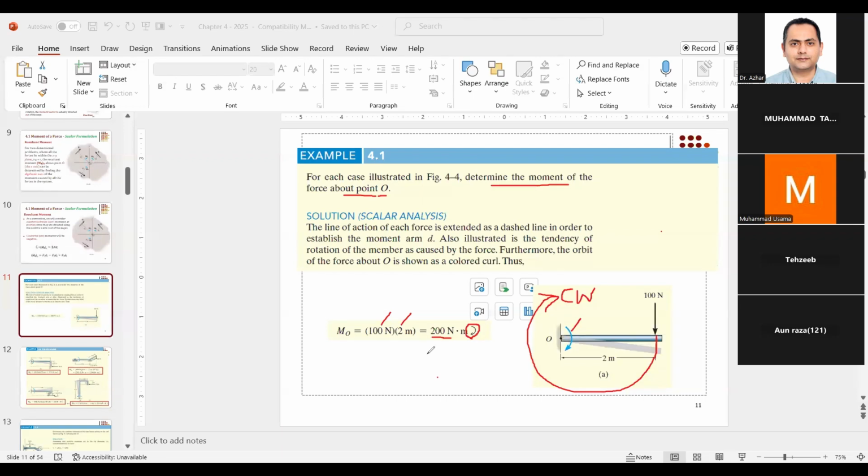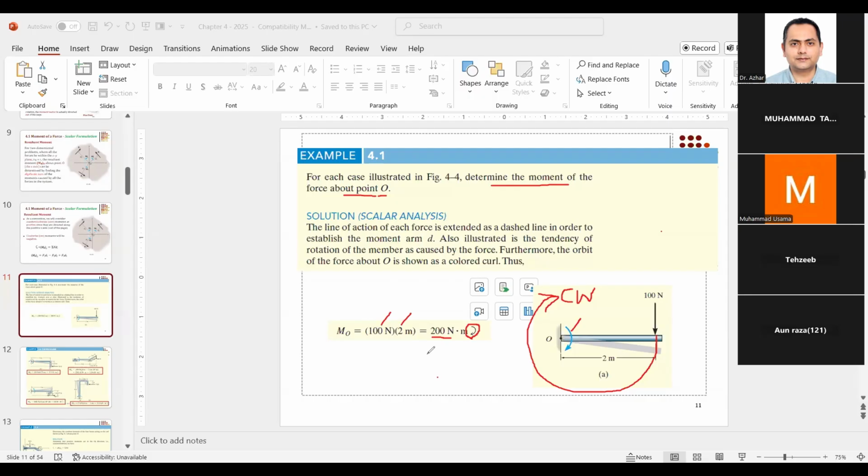Some students cannot really understand that. They cannot imagine clockwise and counterclockwise, but you have to understand this. If you cannot understand whether the force is producing clockwise or counterclockwise movement, then you will always be in trouble, and you will always make mistakes of signs, and your answers will be incorrect.